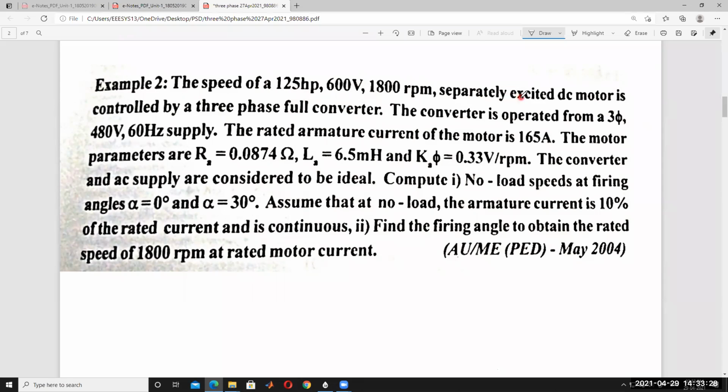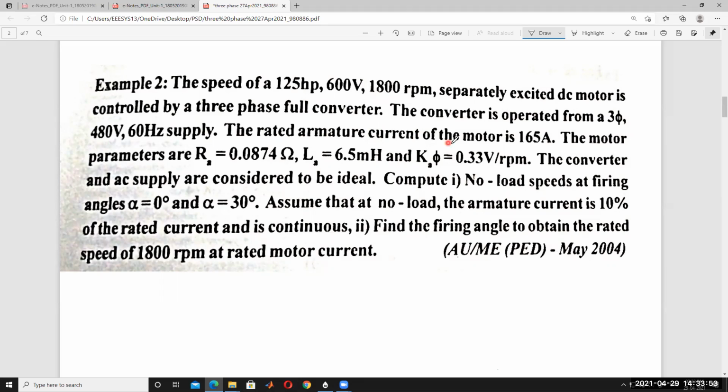The converter is operated from a 3-phase 480 volts 60 Hz supply.